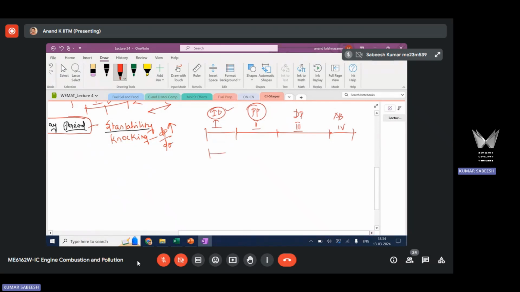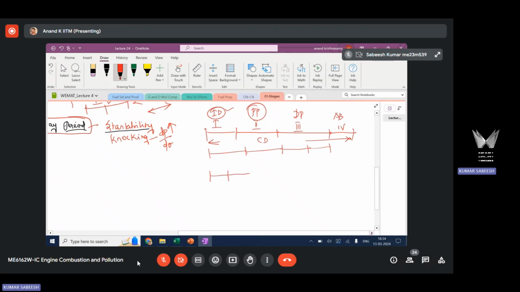Suppose the ignition delay is longer. You will have a more intense premix, very little diffusion burn, and then an afterburn. Premix happens quickly, it's almost instantaneous combustion, so the overall combustion duration will be shorter. This is the overall combustion duration from here to here. Suppose the delay time is shorter.